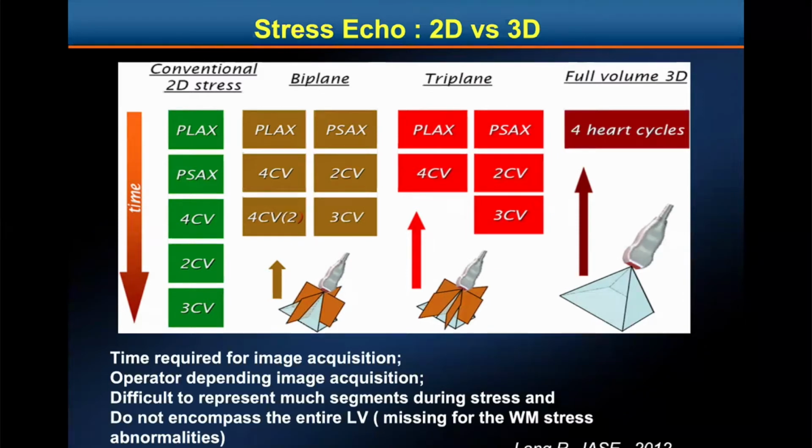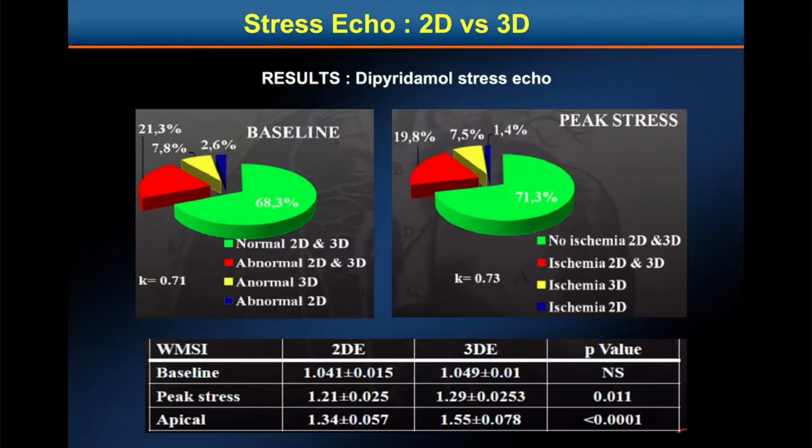Depending on the operator, we can also use full volume 3D, which collects 4 heart cycles, to have all the images we need for analyzing the patients, compared with 2-dimensional stress echocardiography. It is difficult to represent every segment during the stress, and it does not encompass the entire left ventricle, which is missing for the wall motion stress abnormalities.